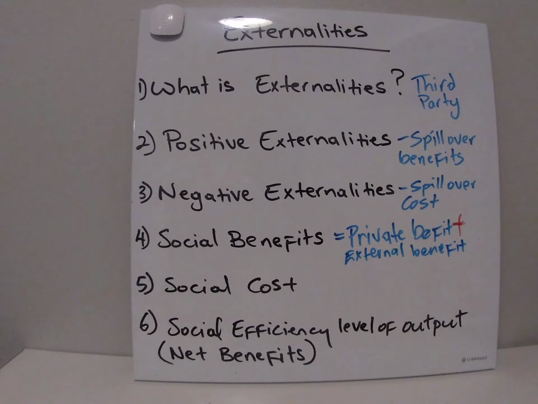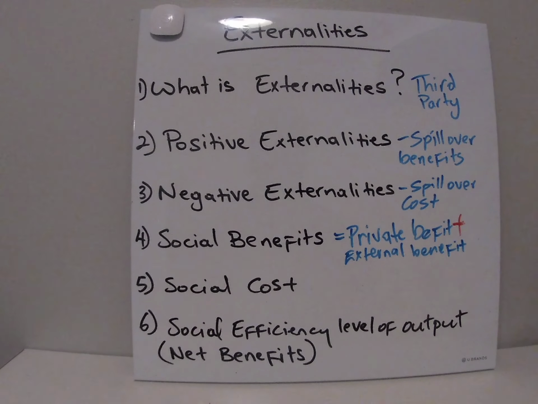So social benefit, as I said, is equal to basically the private benefit plus the external benefit. The private benefit in this case is talking about the direct benefit that a consumer gets from purchasing a particular good, right? So your neighbor purchasing the light, right?